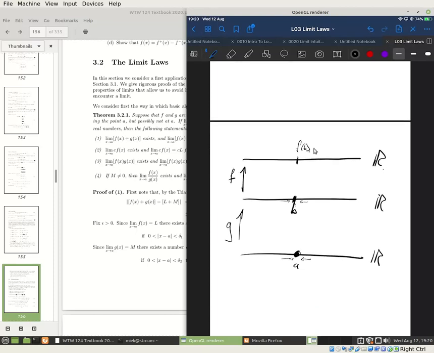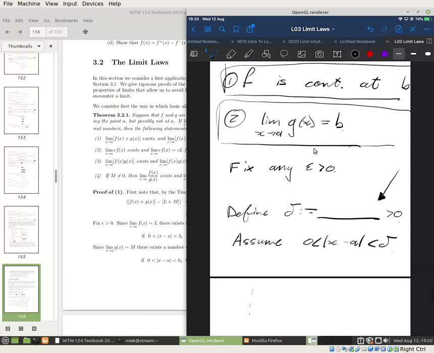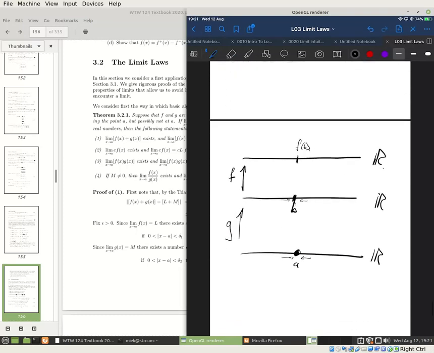So now what we will do is, as we've done here, we fix any epsilon. So we take any epsilon interval around f of b. Since f is continuous, we can use the assumption that it is continuous to find a delta 1 around b, so that everything in this delta 1 interval around b maps into this epsilon interval around f of b. But we know something.